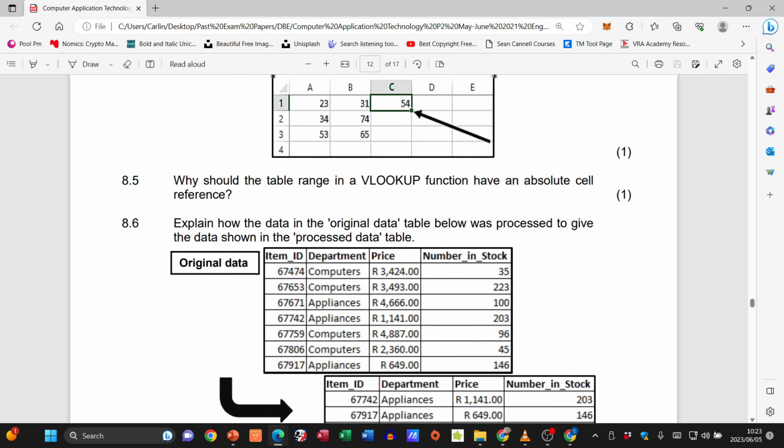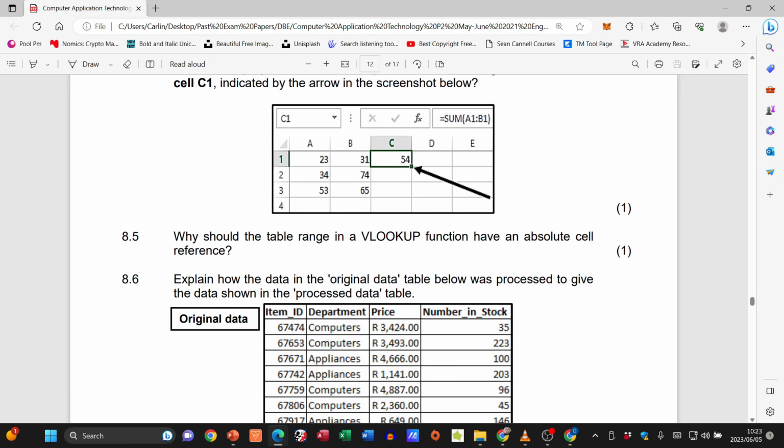8.5. Why should the table range in a VLOOKUP function have an absolute cell reference? Now, don't worry about the fact that they're talking about a VLOOKUP function and the table range. Why do we use an absolute cell reference?